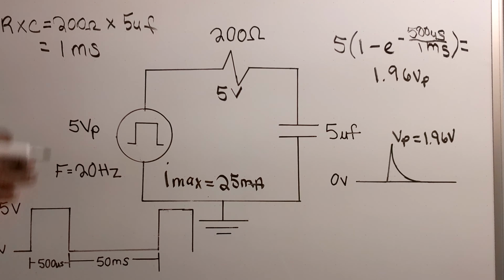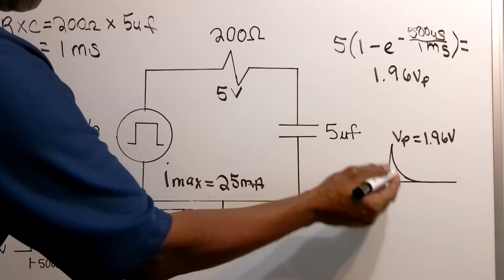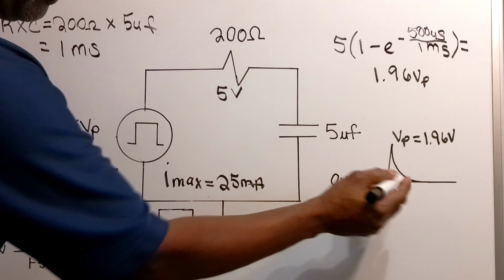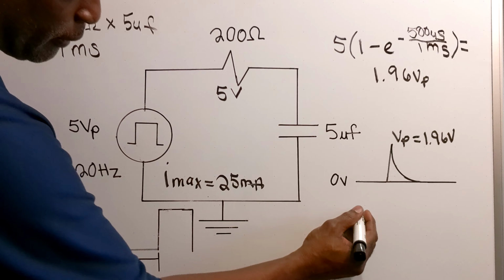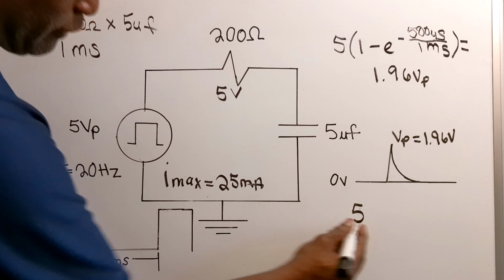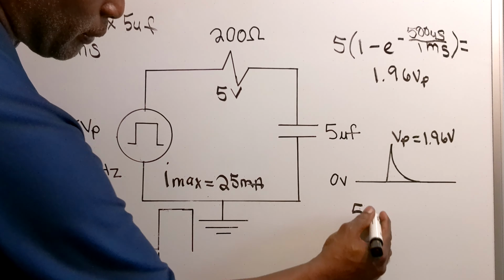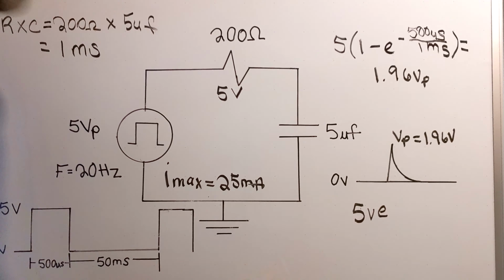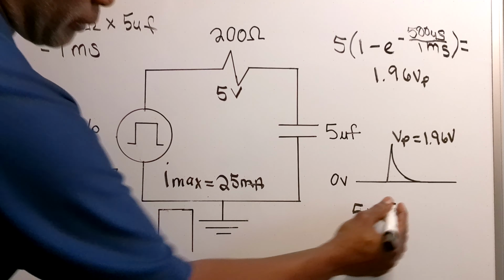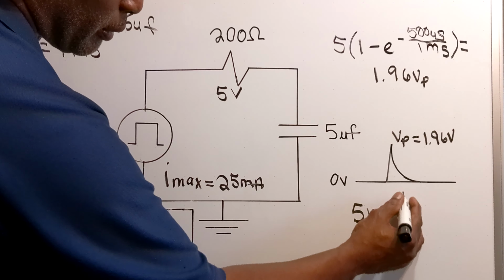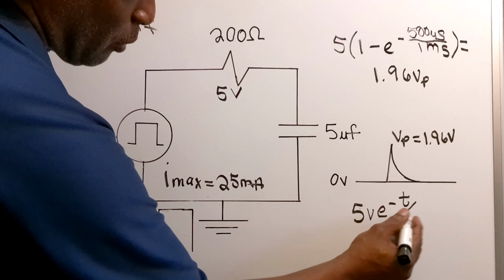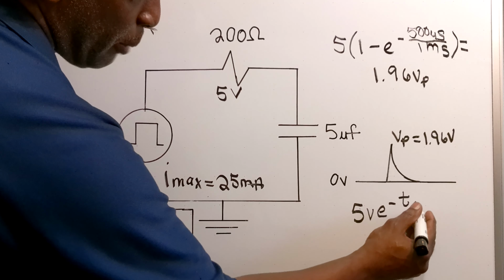Okay, now what about my falling voltage right here? The formula for the falling voltage is 5 volts times e, and my exponent is negative, over T over 1 millisecond.